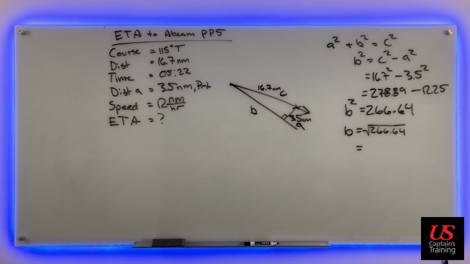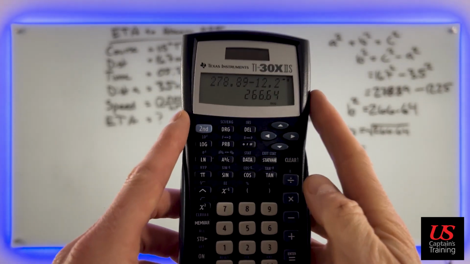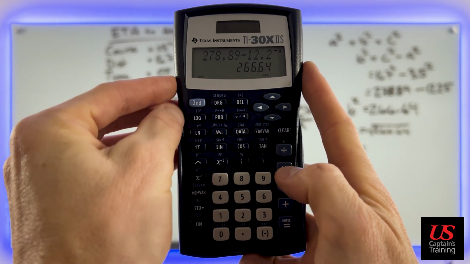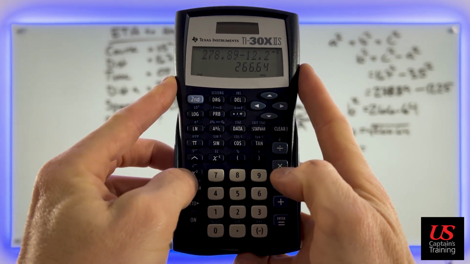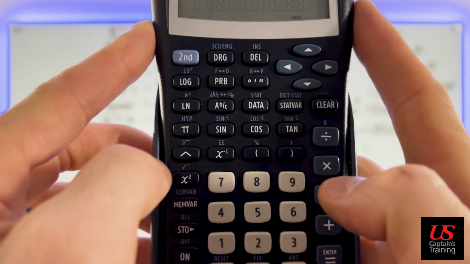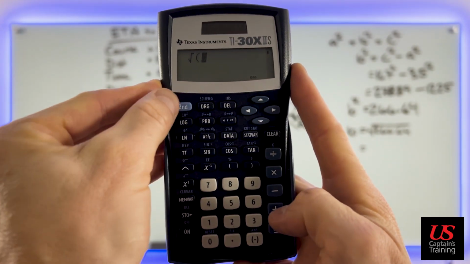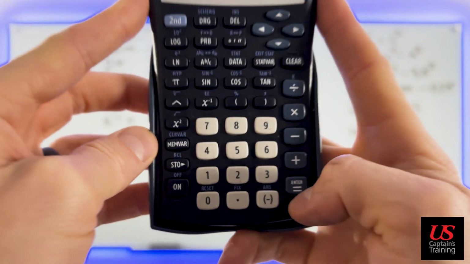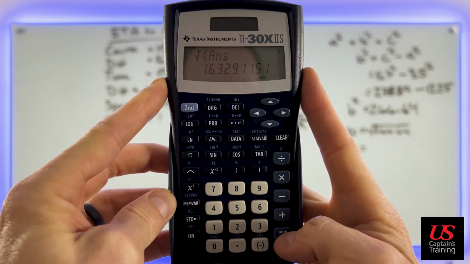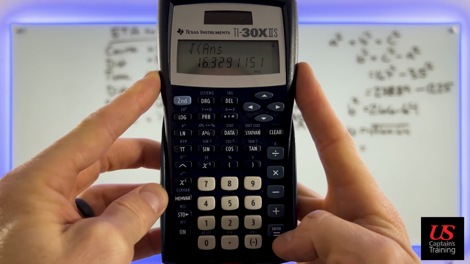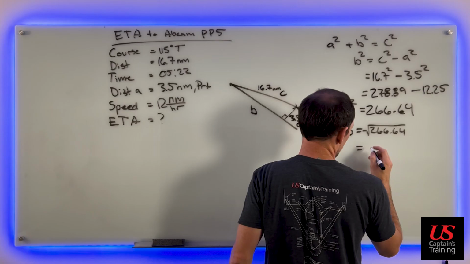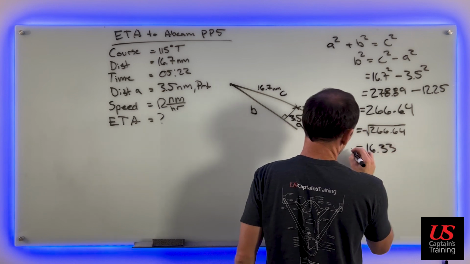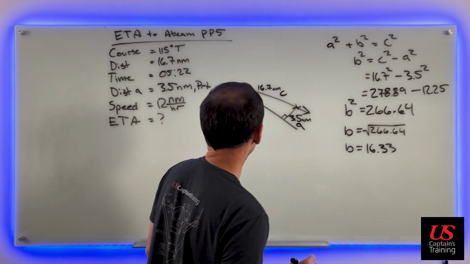And we can use our little trick here, right? So it's on the calculator. That means it's an answer. We go second, square root, second of our answer, equals 16.33. 16.33 equals B. Does that make sense?